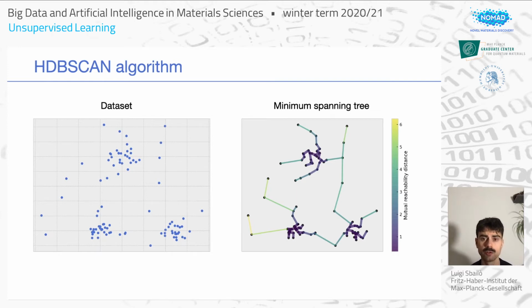And each removal would make a further split. What is even more interesting is that this is built in such a way that, among all the possible combinations, the edge that you would remove for splitting the graph is the one with the lowest mutual reachability distance. So all the others with higher mutual reachability distance have been removed.